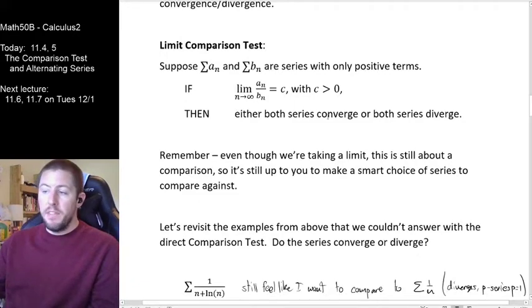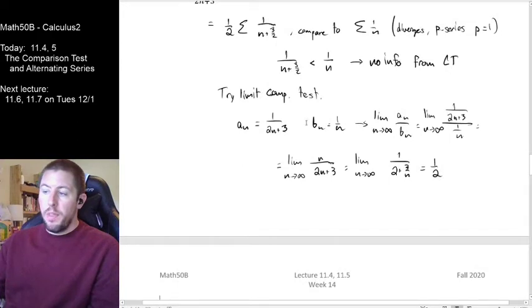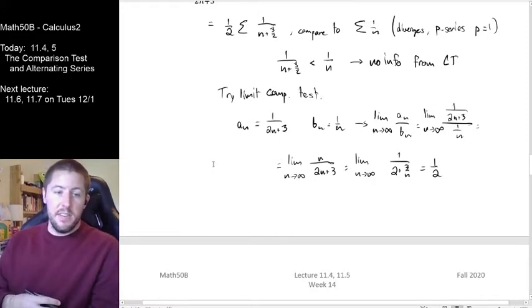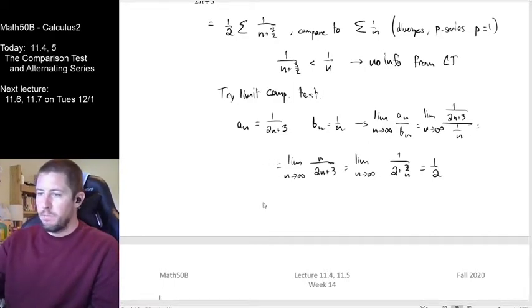Therefore, both of these series converge or both of them diverge. I know that the 1 over n series diverges, therefore this series also diverges. So it looks like we were smaller than a divergent series, but not smaller enough to make us converge. This is still going to diverge off to infinity, just by doing some constant multiples.